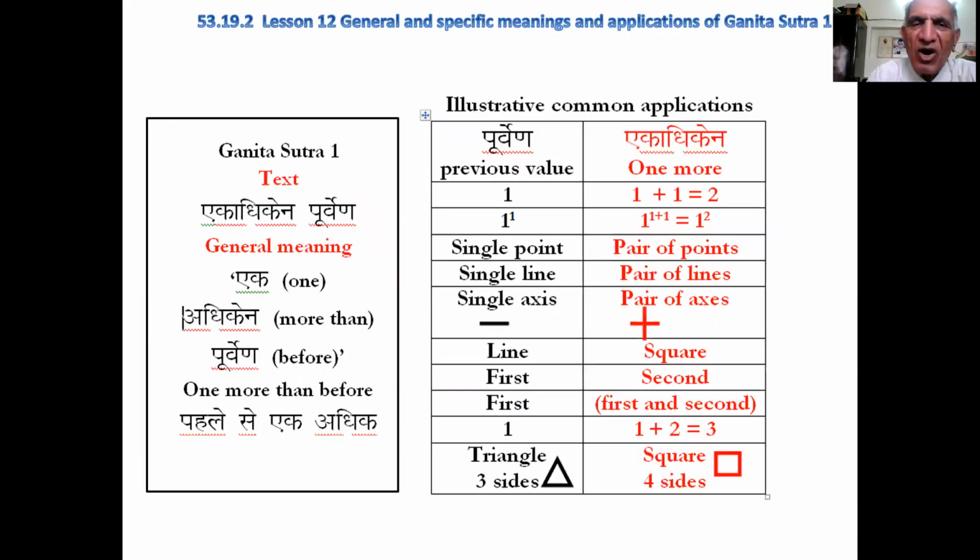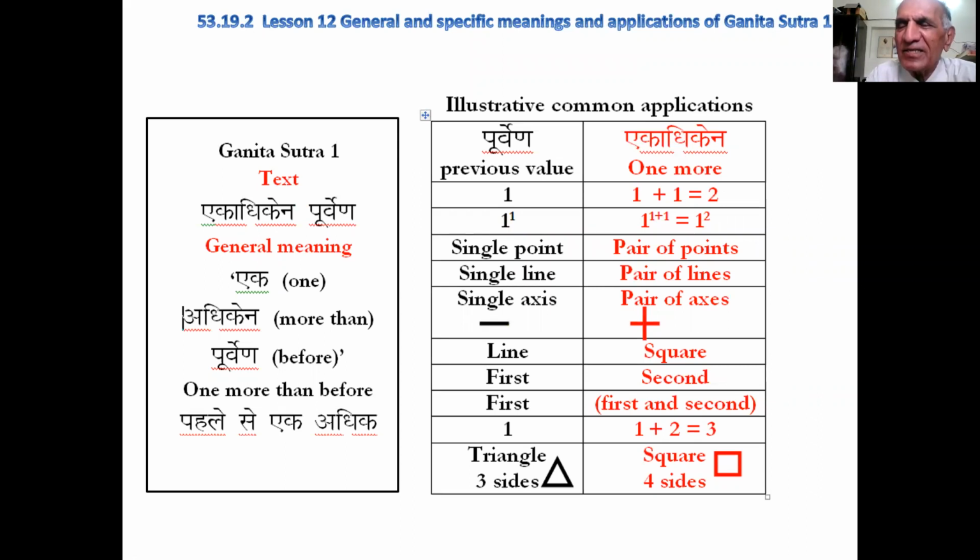as it is of Ganita Sutra 1, has its general meaning: ek, one, adhikain, more than, purven, before. One more than before, pehle se ek adhik. This is the general meaning, and this meaning leads to a working rule, and this working rule is commonly applicable.